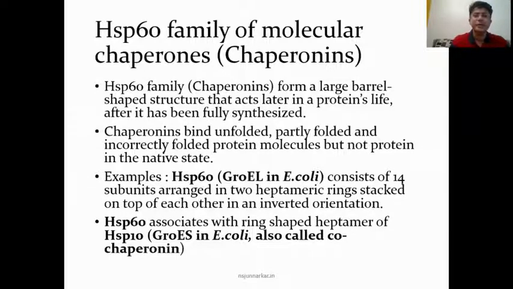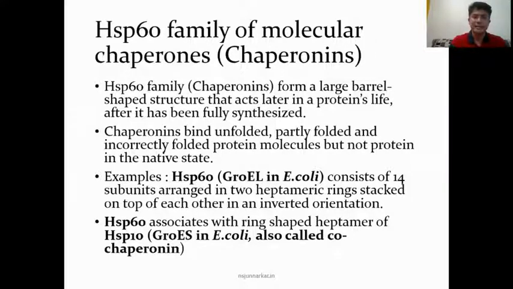HSP60 family of molecular chaperones are also called chaperonins. HSP60 family forms a large barrel-shaped structure that acts later in a protein's life after it has been fully synthesized. Chaperonins bind unfolded, partly folded, and incorrectly folded protein molecules, but not protein in the native state.